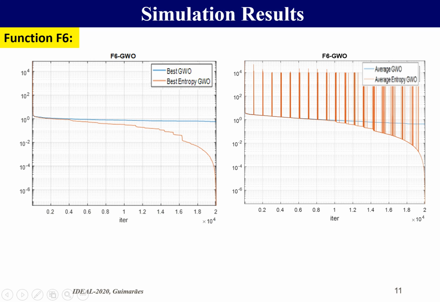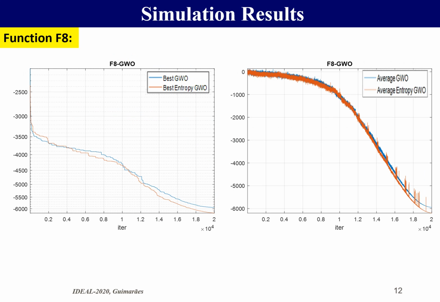To avoid these reinitializations occurring frequently, we have a minimum value, a kind of pause value, a minimum number of iterations that avoids restarting the swarm so much. With another function, we can also see that the entropy GWO behaves better for the best value and also for the average values.